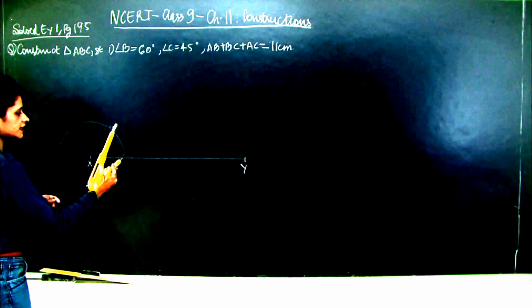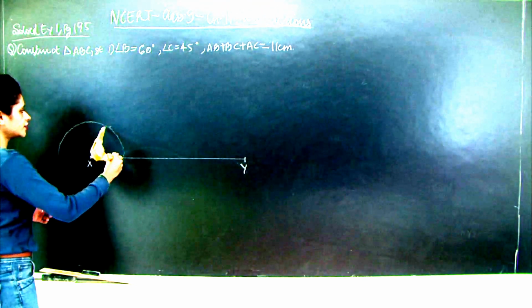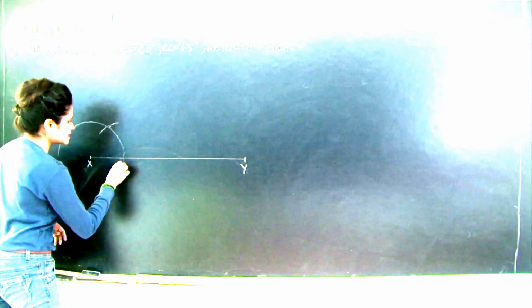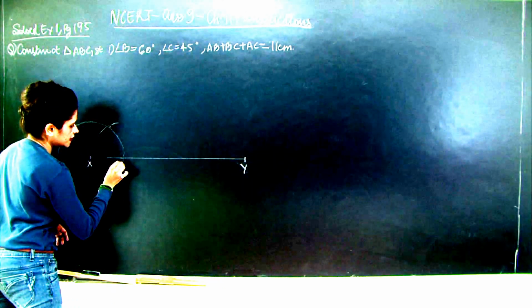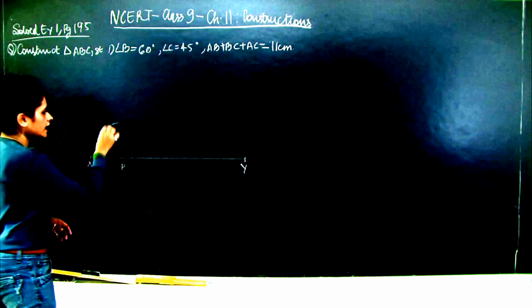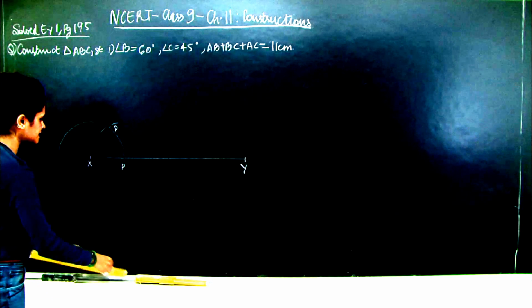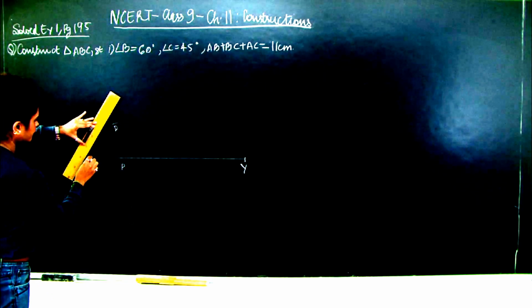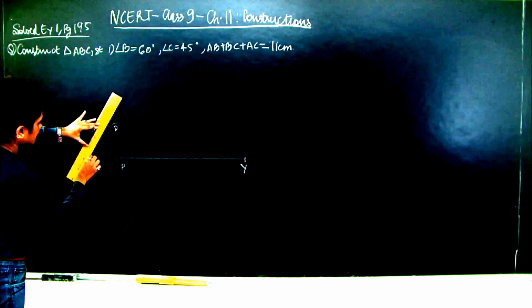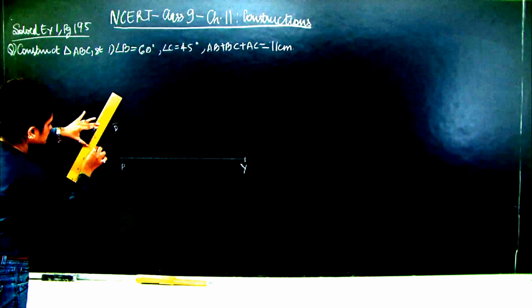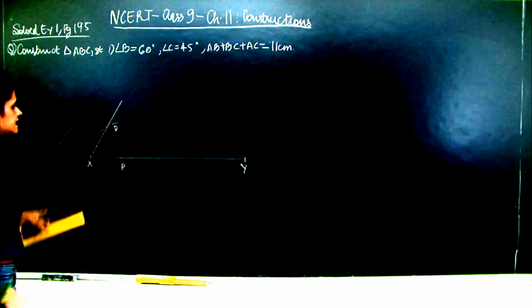Now without changing the radius and this point over here I am going to cut an arc. So if this point was, let's say, P and this point is D, now I will join XD and this angle DXP is 60 degrees.